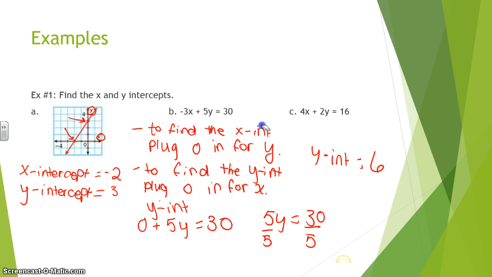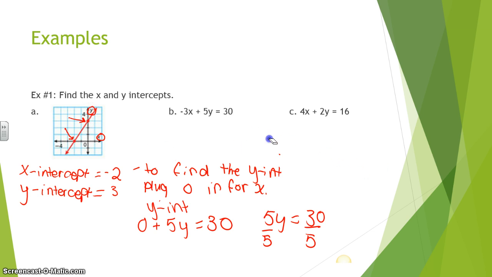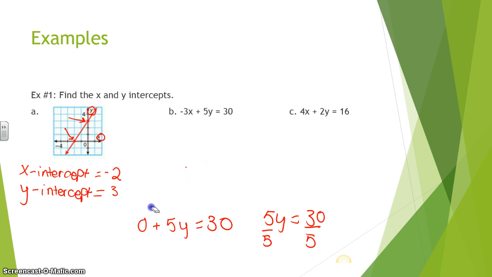So my answer for B, let me erase this here so I can write it down. My final answer is my x-intercept is going to equal -10, and my y-intercept is going to be 6.